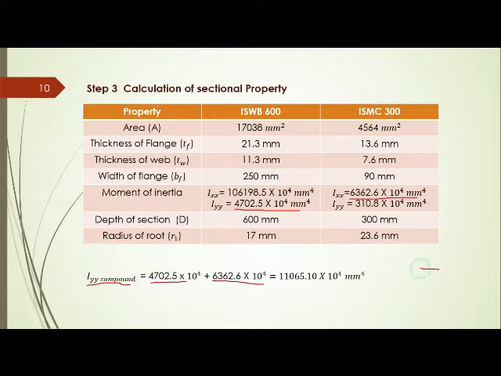Because the ISWB is placed like this and the cap channel is placed like this, the y-axis of the ISWB is compatible with the x-axis of the ISMC. So we have added them to find the compound Iyy.